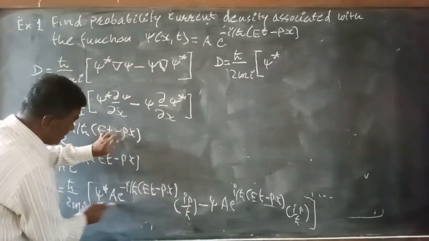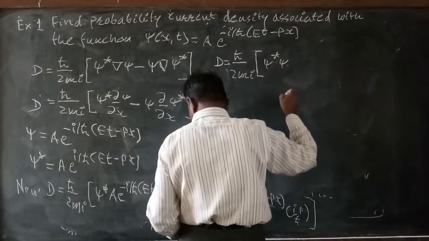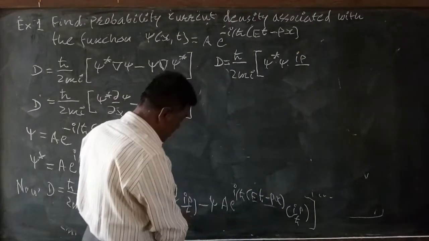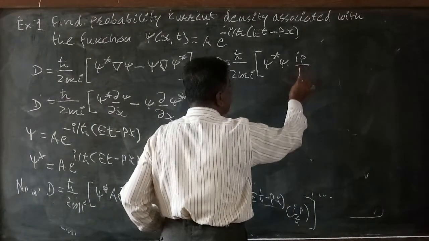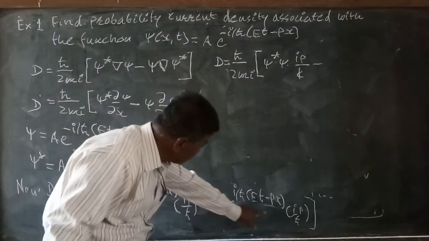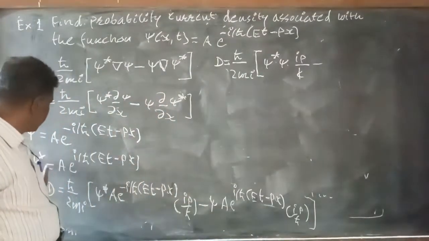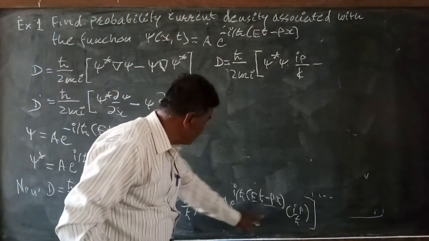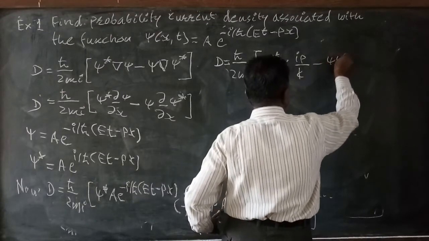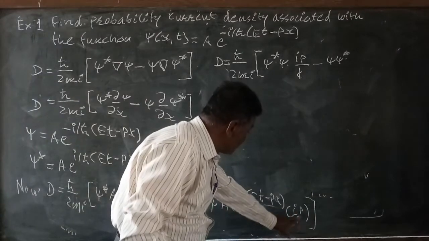So psi star psi into ip divided by h cut, minus again minus psi, and this term represents the complex conjugate of psi, psi star, into ip divided by h cut.